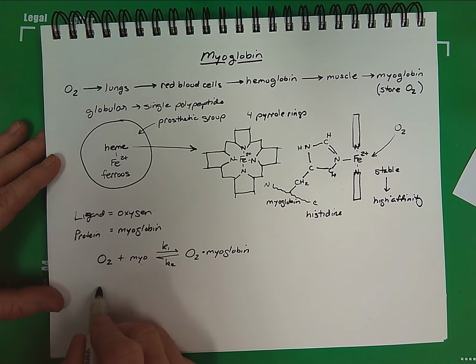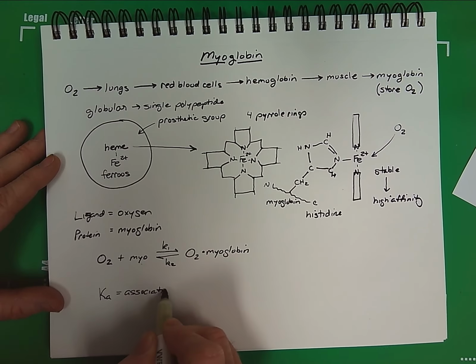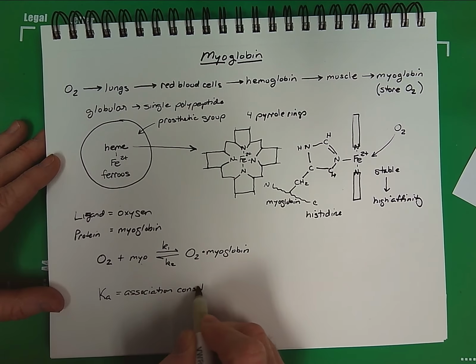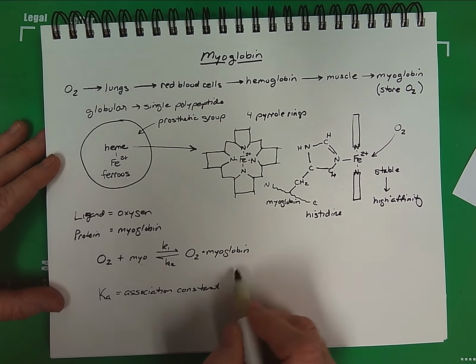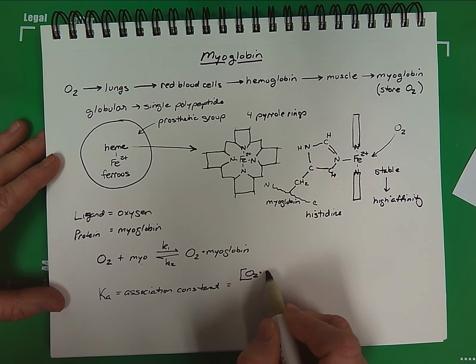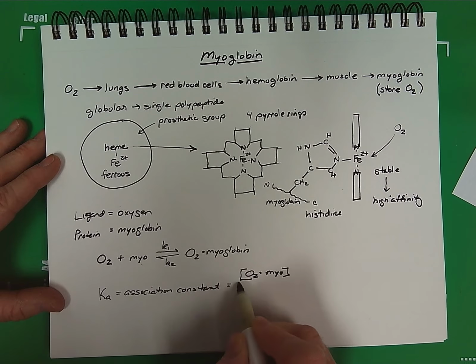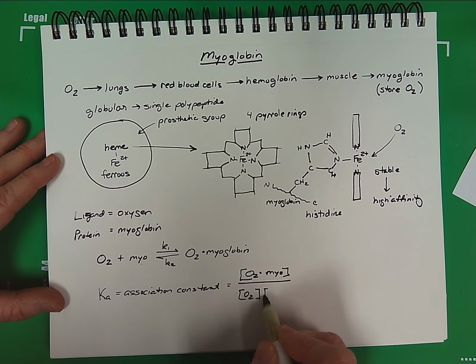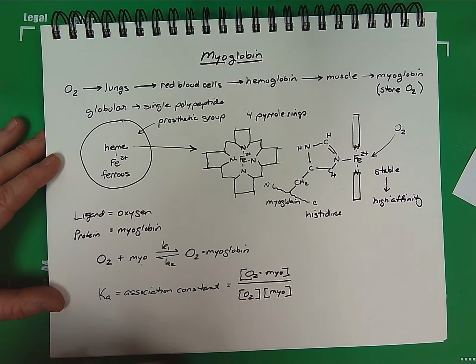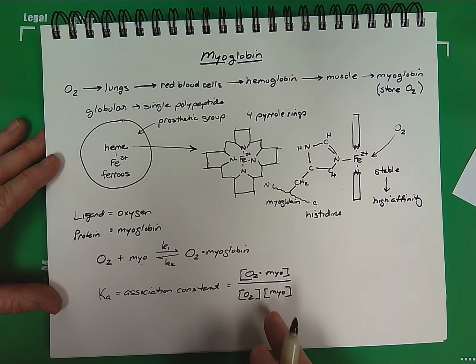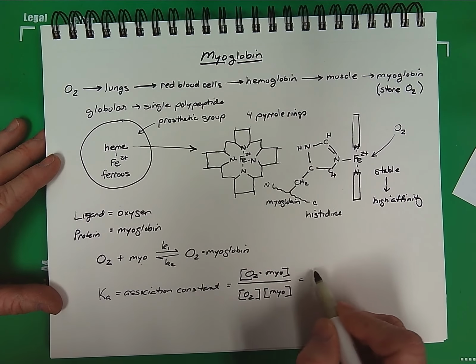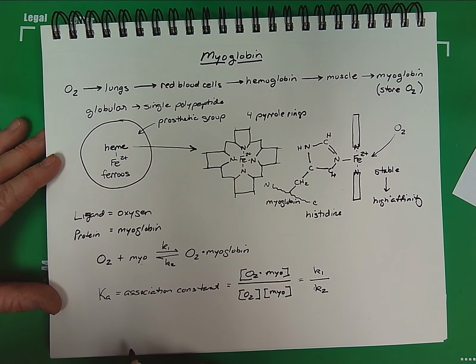Now recall that the Ka, which equals the association constant, is equal to the concentration of our complex of oxygen and myoglobin over our substrates, the concentration of oxygen times the concentration of myoglobin. This is our association kinetics. This, of course, equals the association rate over the dissociation rate.